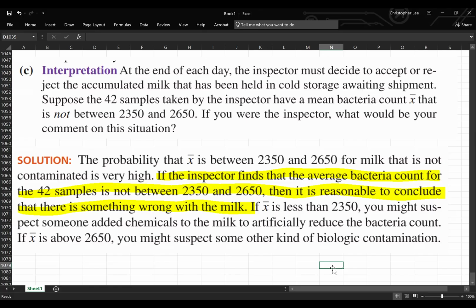So basically, if the bacteria count is not within that safe range of 2,350 to 2,650, I would just say that milk is not safe to be consumed, right? If it's too low, there's some kind of chemicals in it. If it's too high, then there's something else wrong with it. Maybe the milk got too old. I don't know.